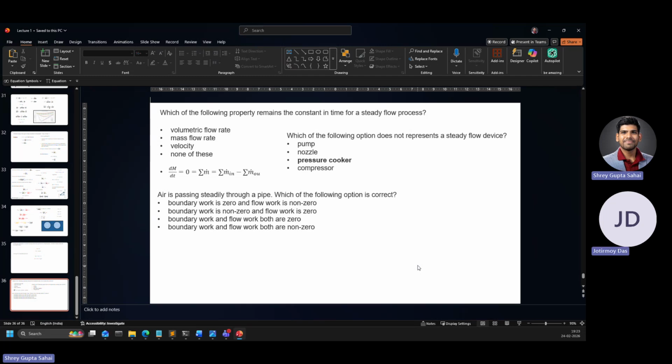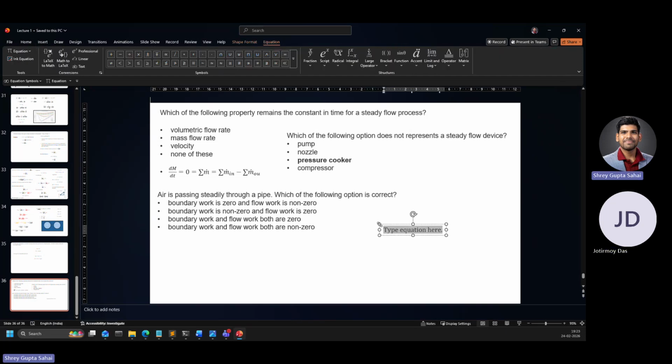Do you know what flow work is? Flow work is basically the integration of VdP. No, that's not the flow work. Flow work actually comes up in the definition of enthalpy, H equals U plus PV. So PV is the flow work.